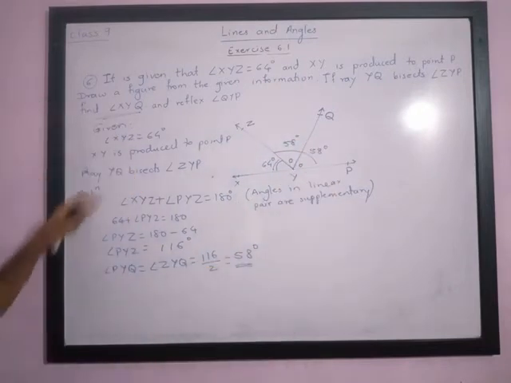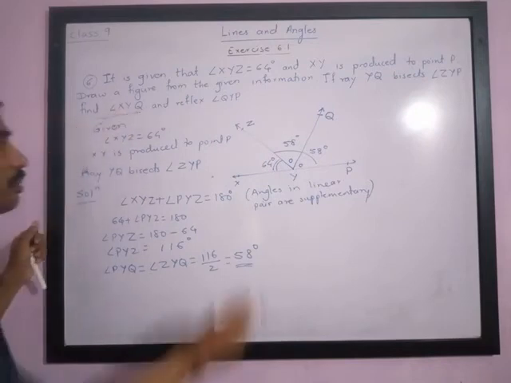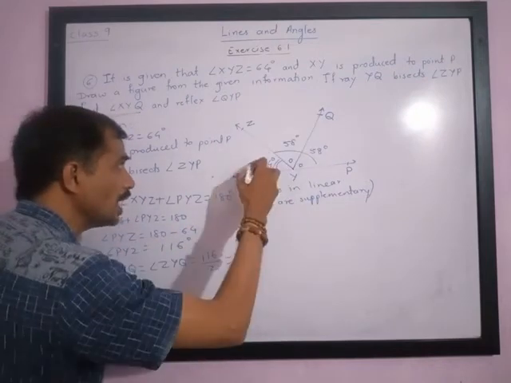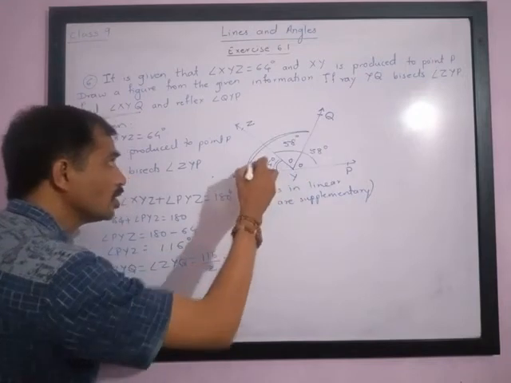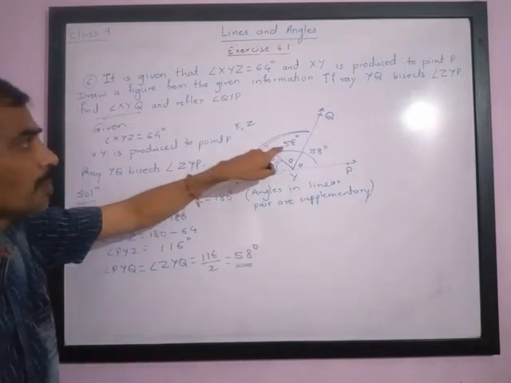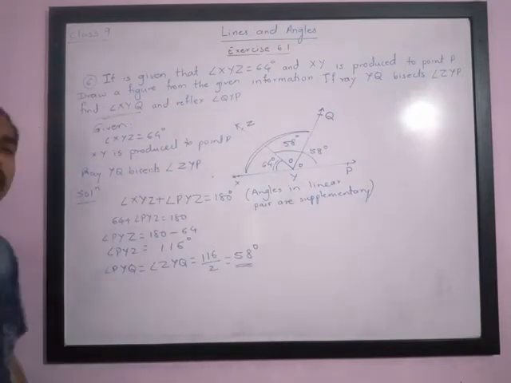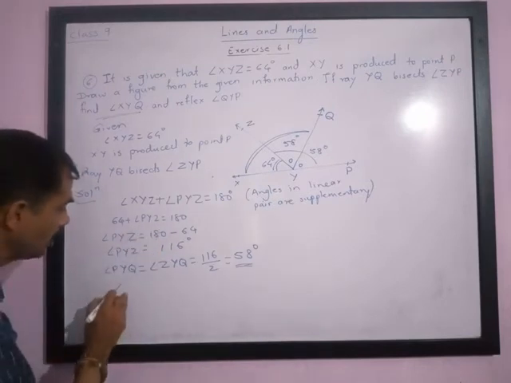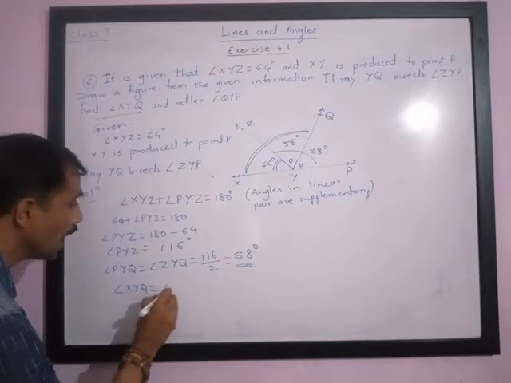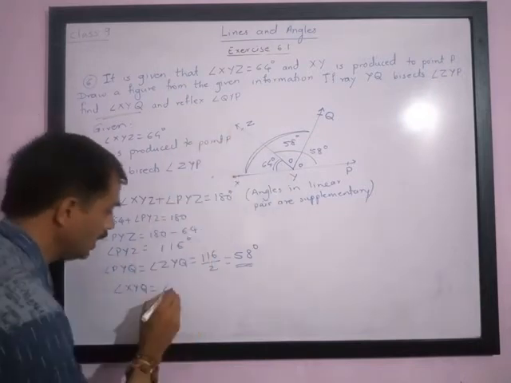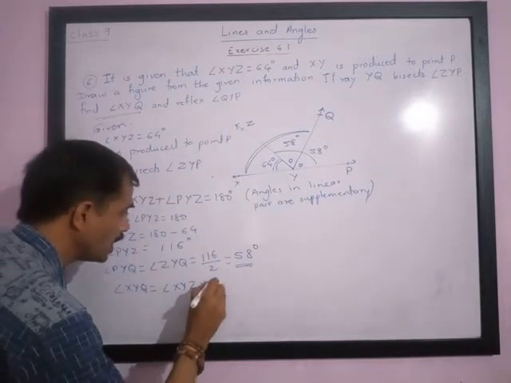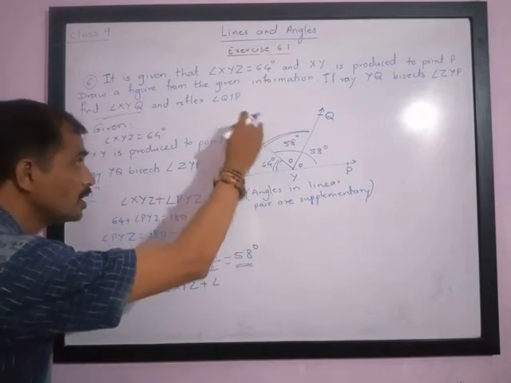Now we are asked to find angle XYQ. This total angle is asked. So the total angle is 64 plus 58. Since they are adjacent angles, we can add. So angle XYQ is equal to angle XYZ plus angle ZYQ.